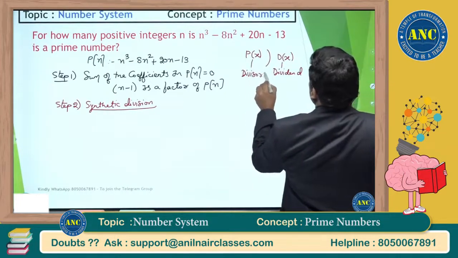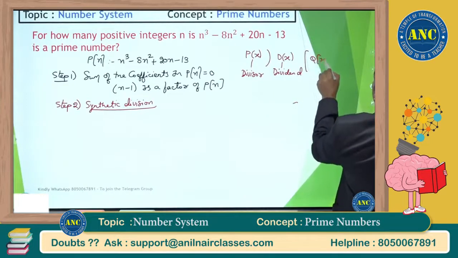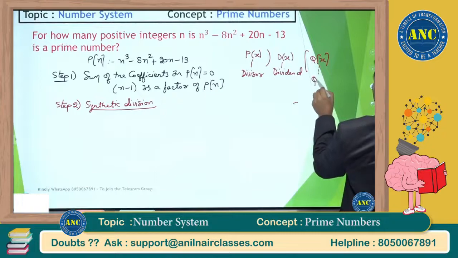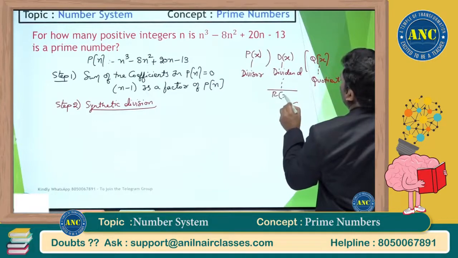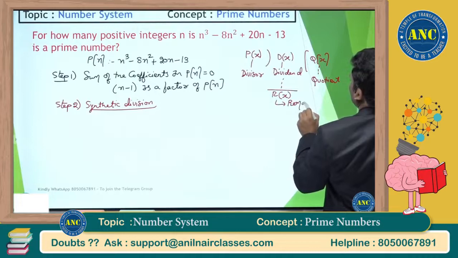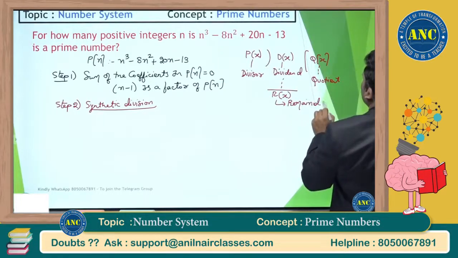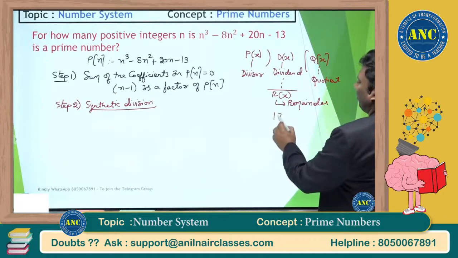It gets divided and gives q of x, the quotient. After dividing, you will get some remainder, that is the remainder r of x. Dividend is equivalent to divisor into quotient plus remainder.